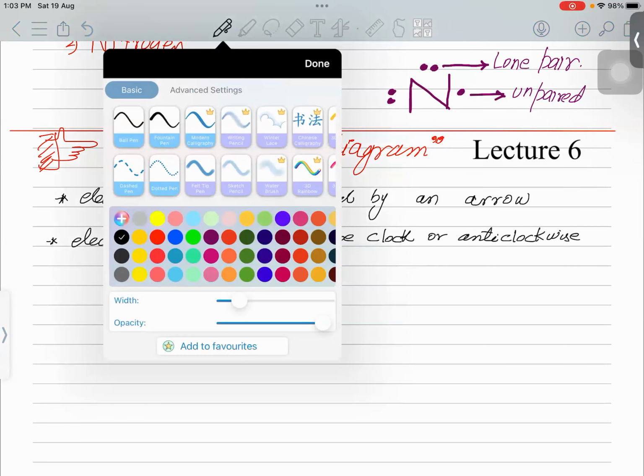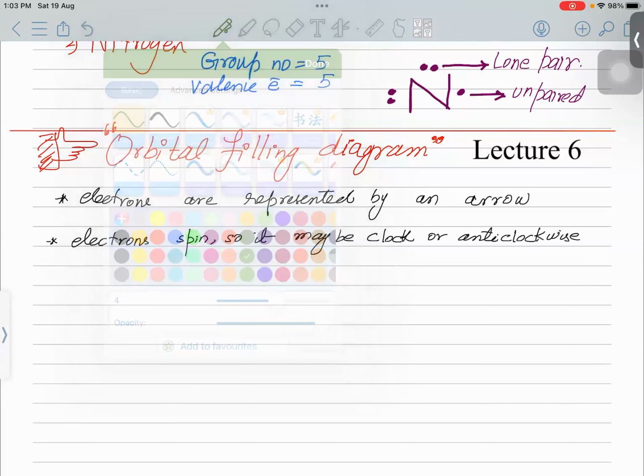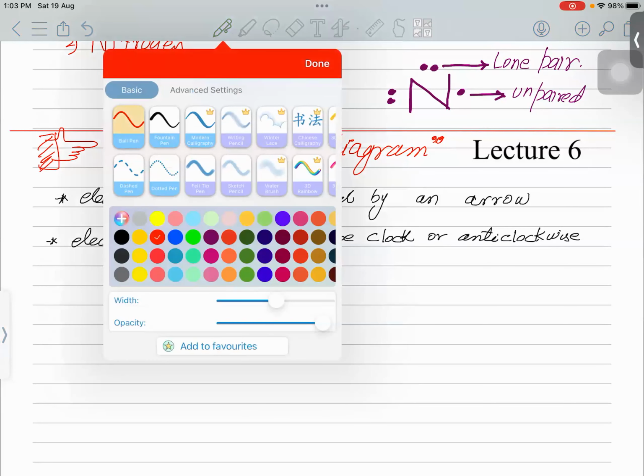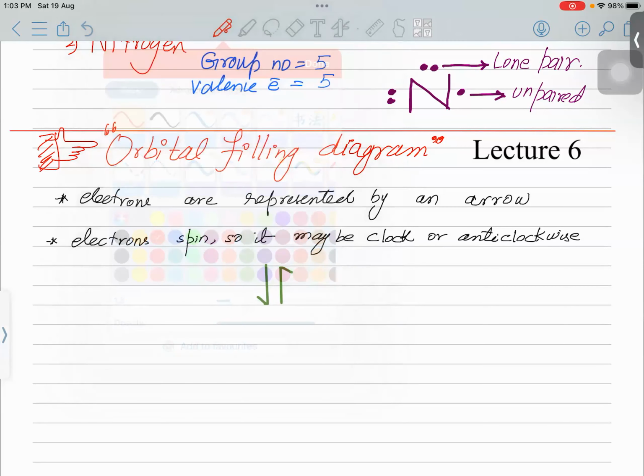Let's suppose this is electron. This is another electron. So this is spin. This is representation of electron. This is anti-clockwise spin.